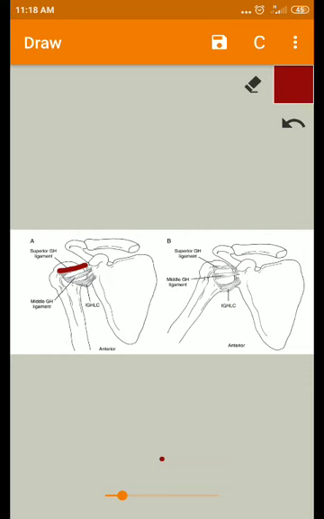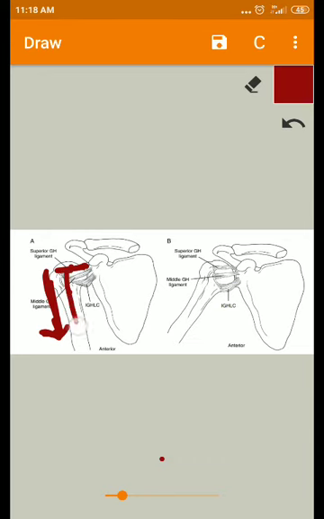The superior glenohumeral ligament and its associated rotator interval capsule structures contribute most to the anterior and inferior joint stability by limiting anterior and inferior translations of the humeral head when the arm is at the side.